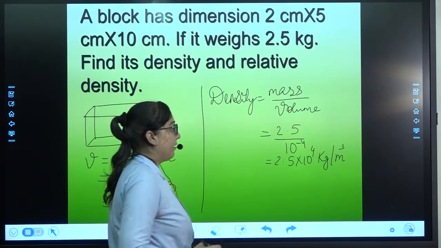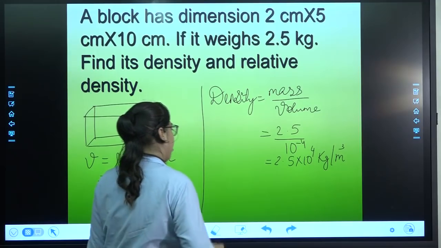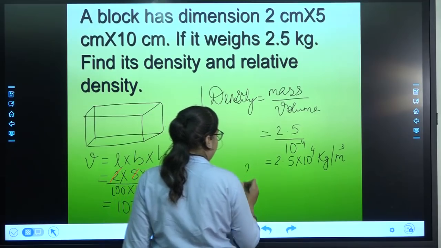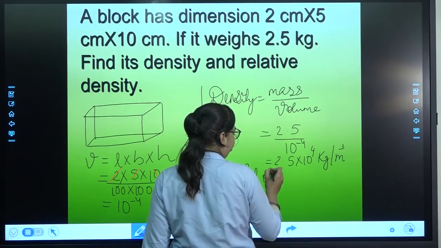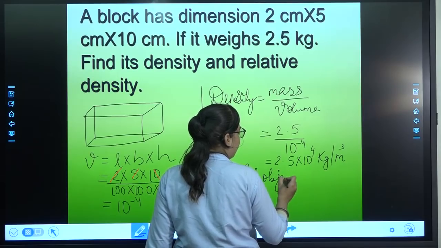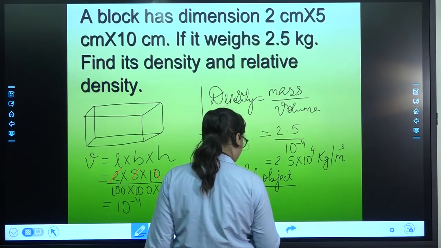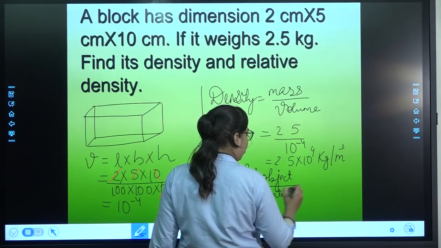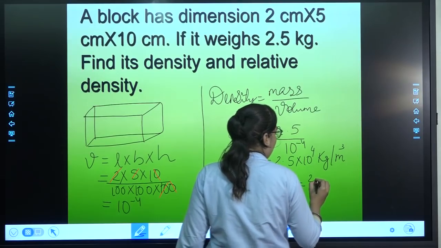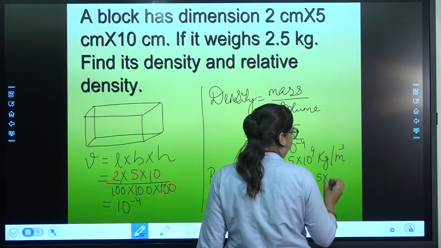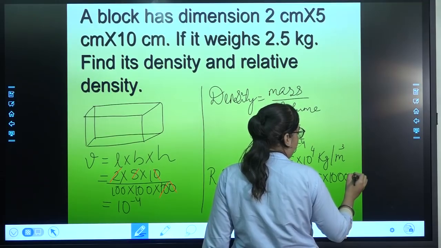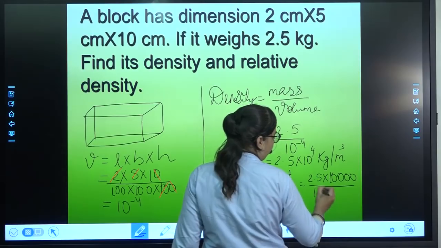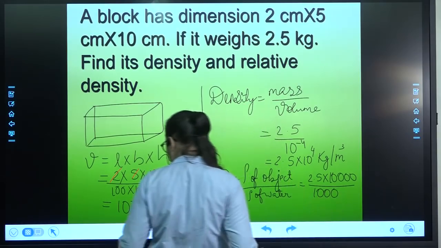Then they have also said to find its relative density. So relative density is what? It is density of object upon density of water. What is the density of object? It's this 2.5 into 10 raised to 4 upon what is the density of water? 1000.